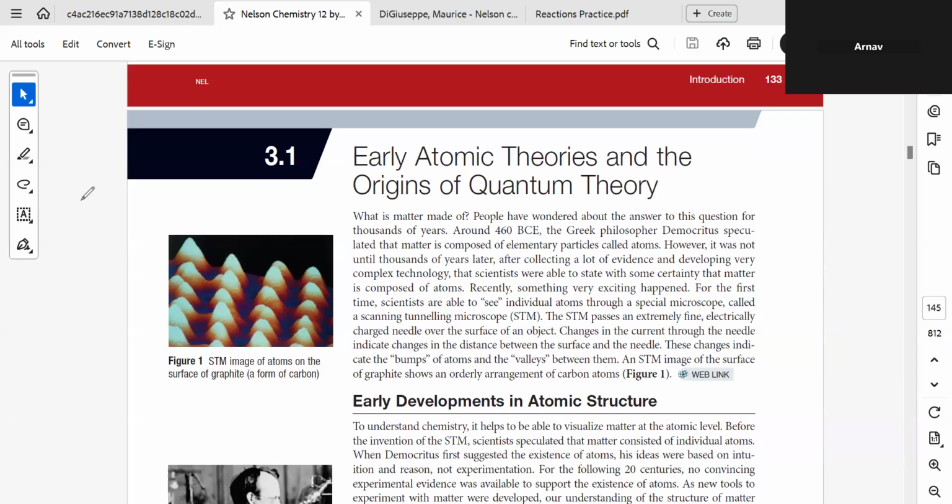Oh, okay. So an element is made up of atoms, and a compound is made up of a group of elements or a group of atoms.